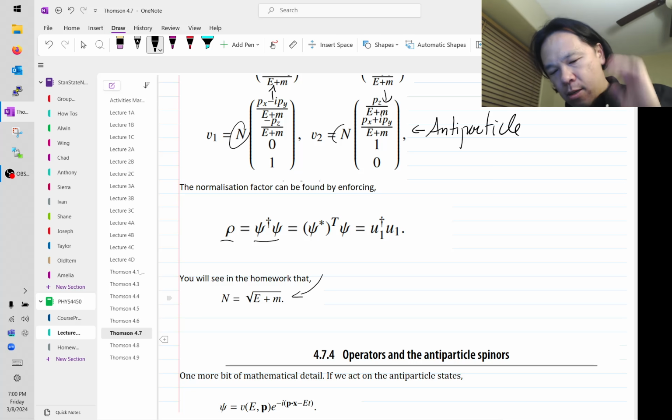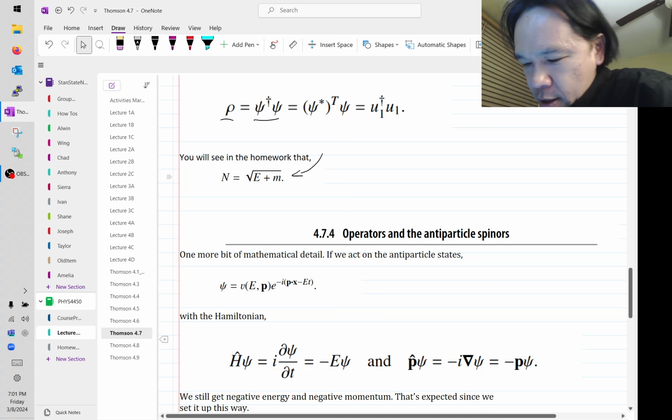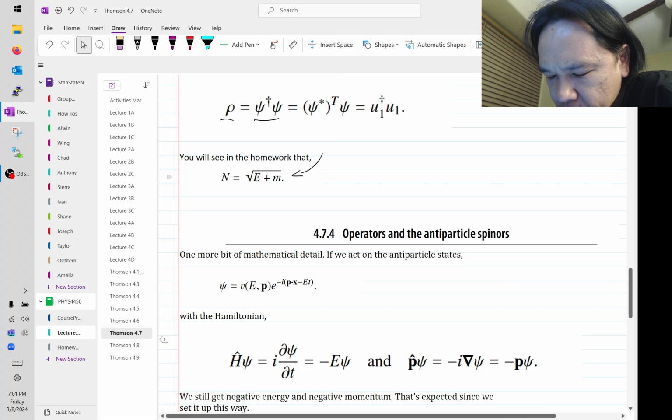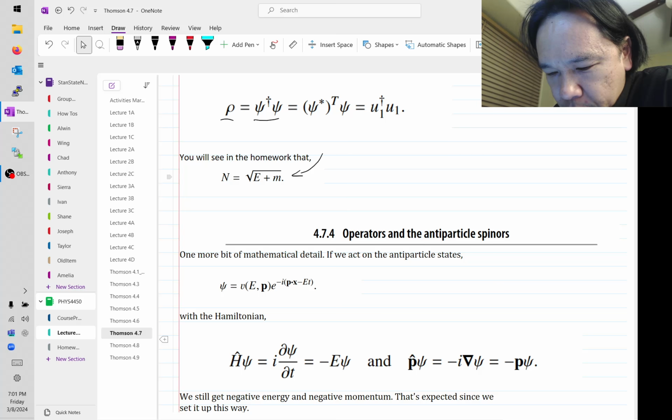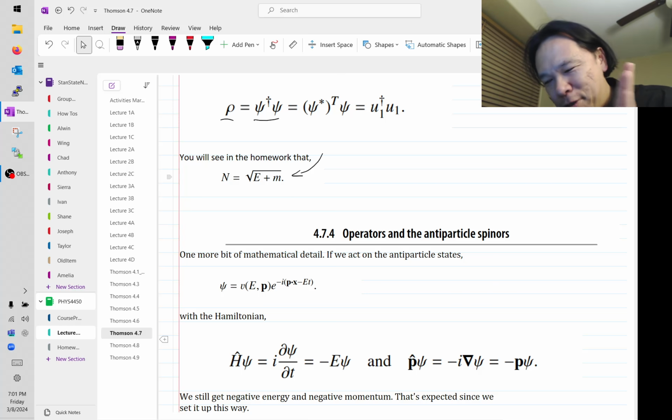Okay, so with this, I know this is slightly long. What's going to happen is that we also have another correction we need to make, and these are the operators on antiparticles. The operators we're used to using expect time to go forward.